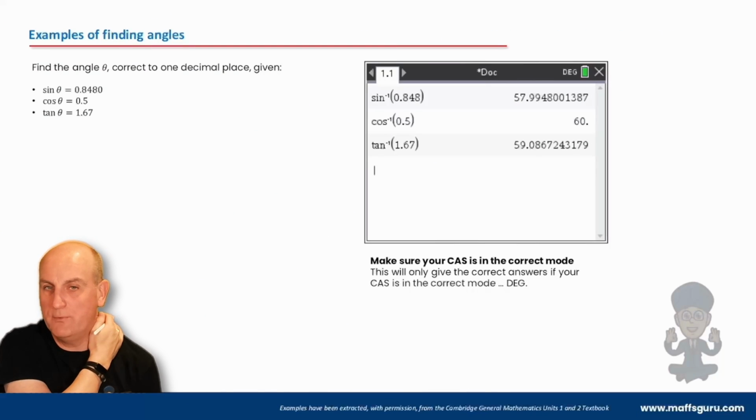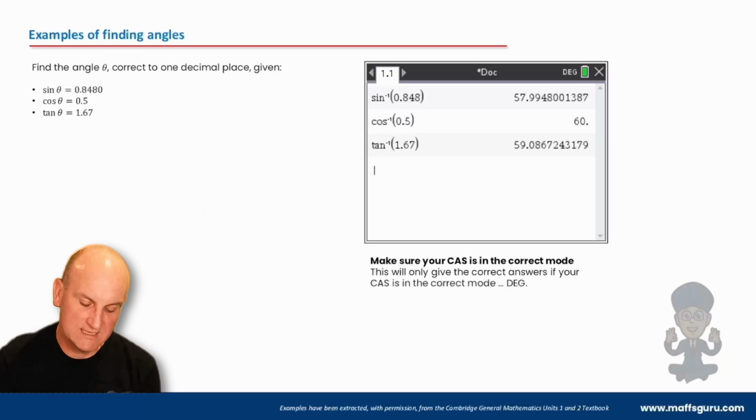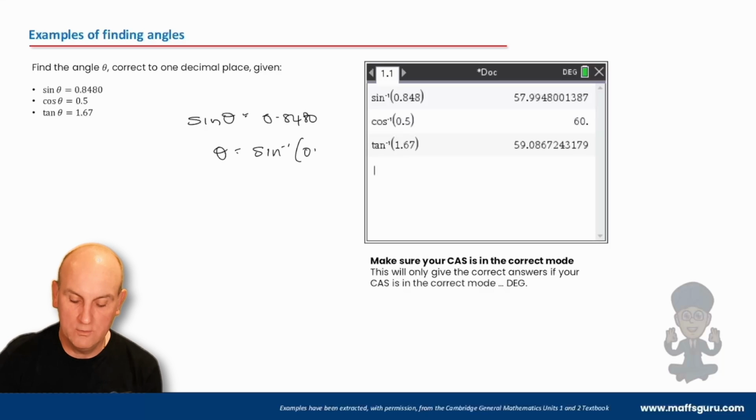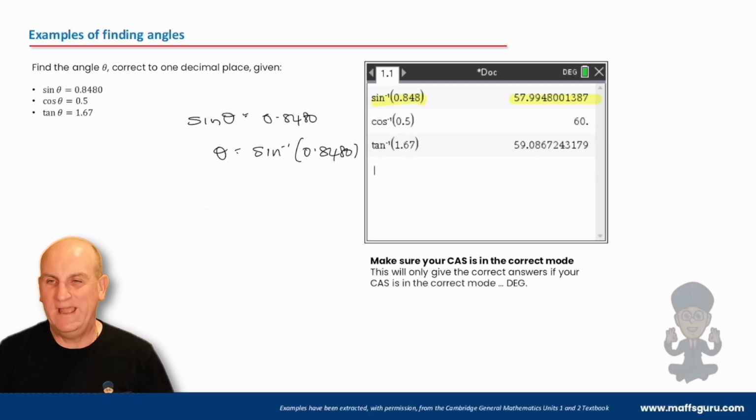Let's have some examples. Right, well, the first example says that the sine of theta is 0.8480. So to get theta on its own, I've got to shift sine out of the way. So shift it to the other side, 0.8480. And what you'll notice is when I put that into my calculator, what comes out? 57.9948013. And again, depending on what it says, it says correct to 1 decimal place.